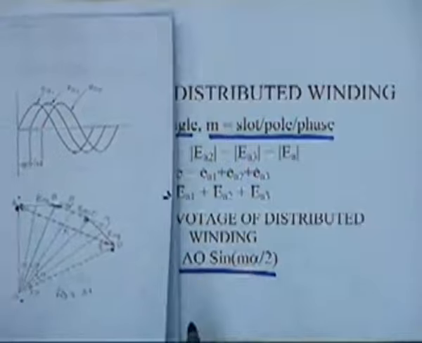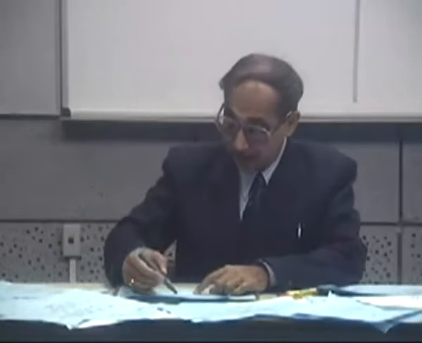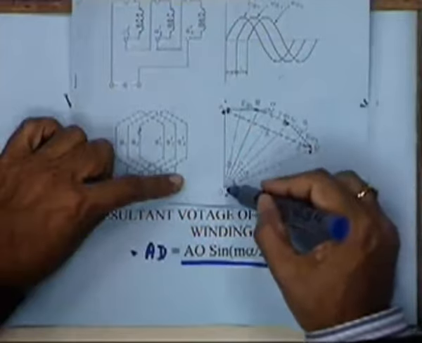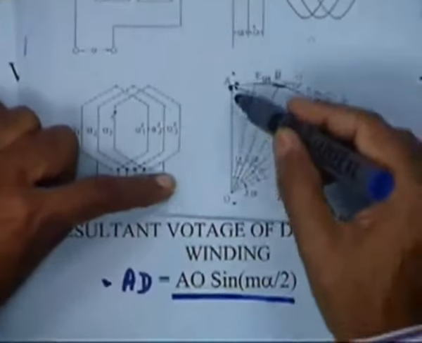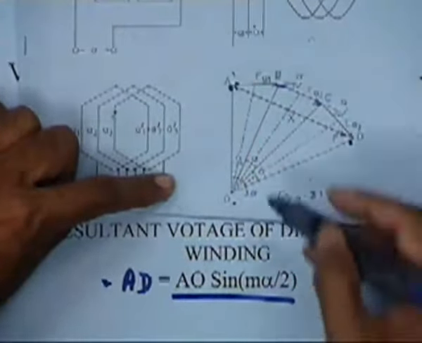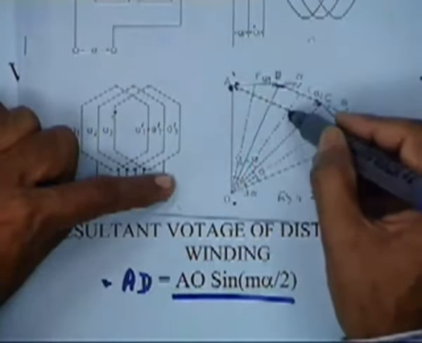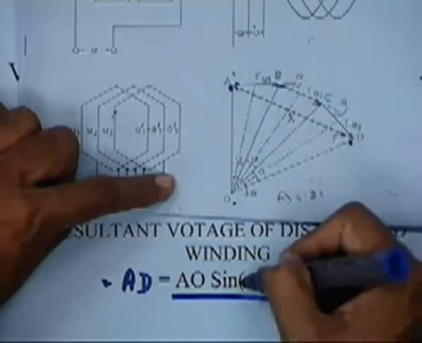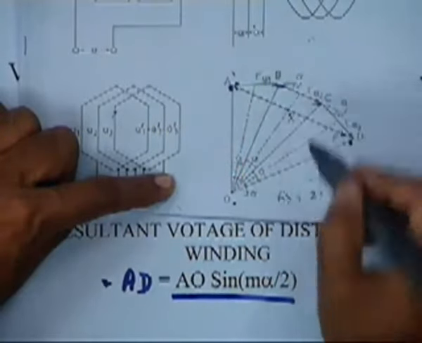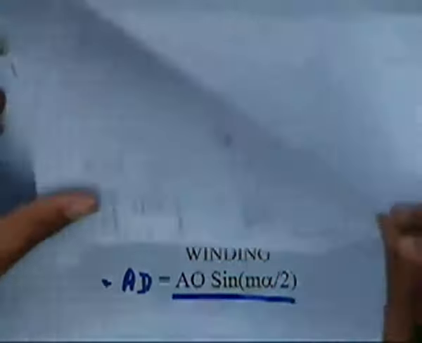If you look at the two pictures together, AD can be proven to be AO into sine of m alpha, and half of it, that means sine m alpha by 2, that is twice of AX.